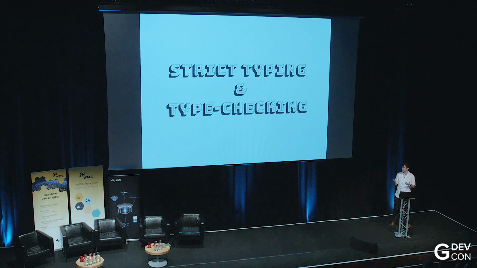So strict typing is where, in the LabVIEW case, we have wires through which our data flows, and those have types. Those types are defined by the source of the wire. And we also have type checking. As we're writing our code, the LabVIEW development environment is running the compiler in the background.